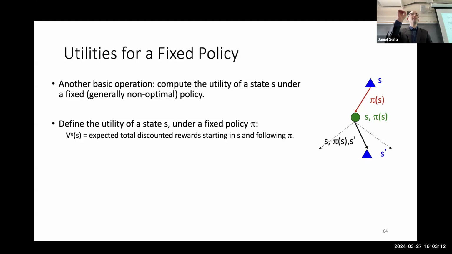Whenever you think of values, always imagine what is in the superscript of V. If it's asterisk, then it's the optimal policy. But if it's pi, then it's some other policy. And V pi of S must be less than or equal to V star of S, because the value has got to be upper bounded by the optimal one.